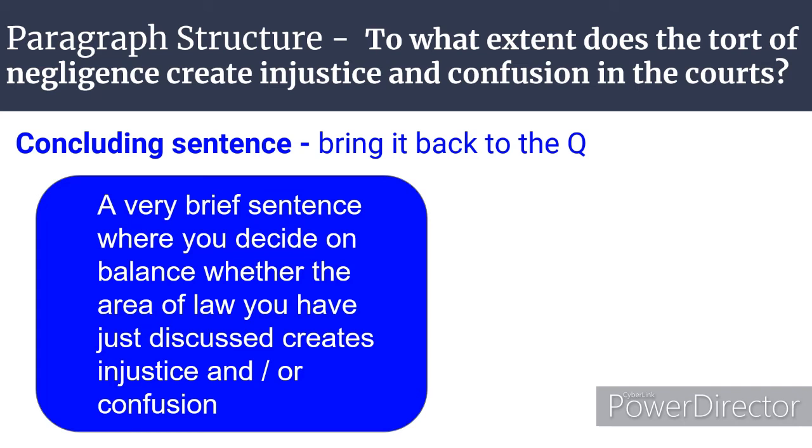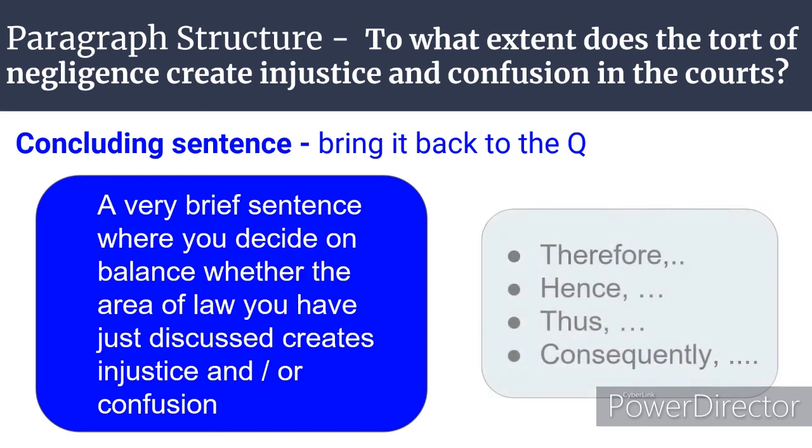And so when you do your conclusion, you just quickly look at the end of each of your paragraph sentences, and that will lead you to what you're going to write in your conclusion. Okay? And again, I advise my students to use something like hence, or I love the word thus, but therefore and consequently work just as well. So again, it's quite nice to have a little tag to start your concluding paragraph sentence.